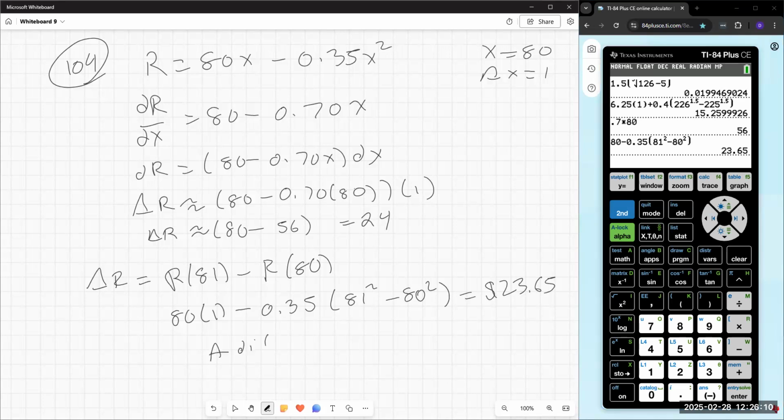The difference of 0.35. 35 cents is not a bad error when you're dealing with $24 roughly. It's not great, but it's not horrible.